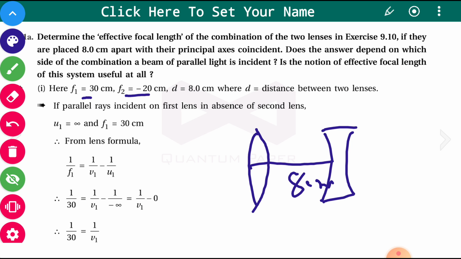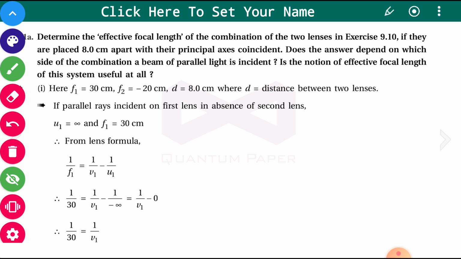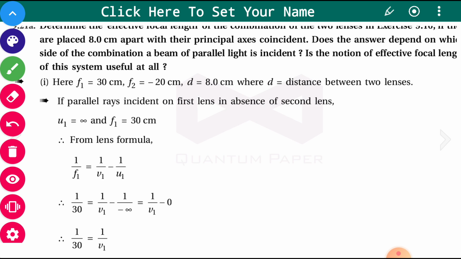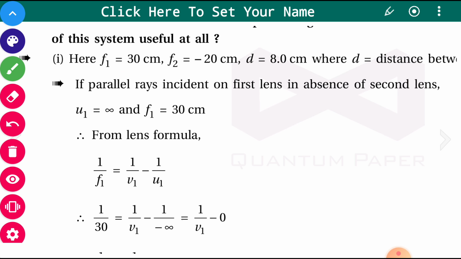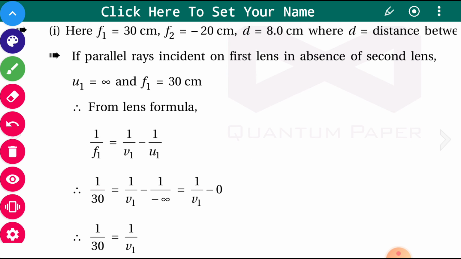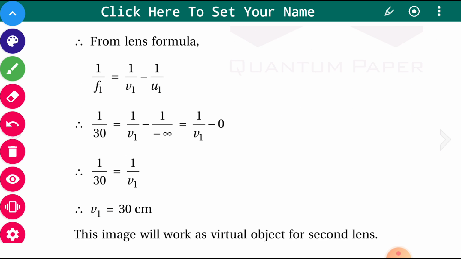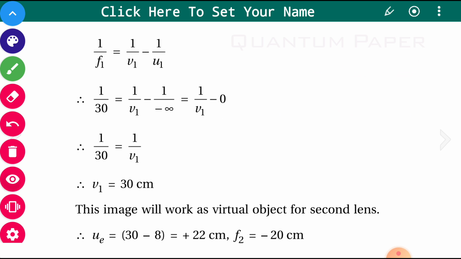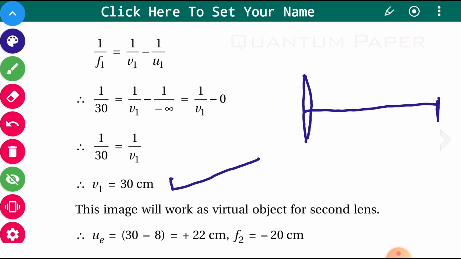Now if parallel rays are incident on the first lens in the absence of the second, what will happen? They are coming from infinity, and the focal length f1 is 30 centimeter. So the image will be formed at the focus, which is 30 centimeter from the convex lens, somewhere here.